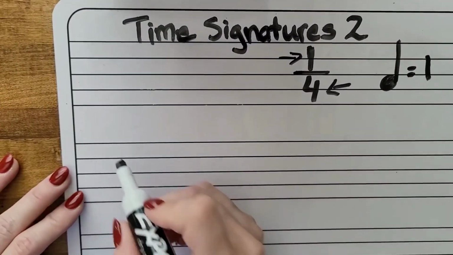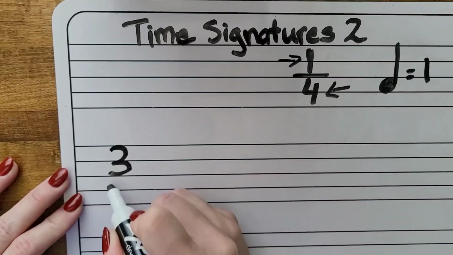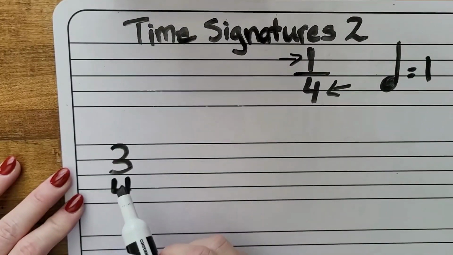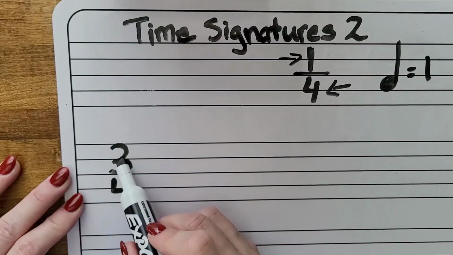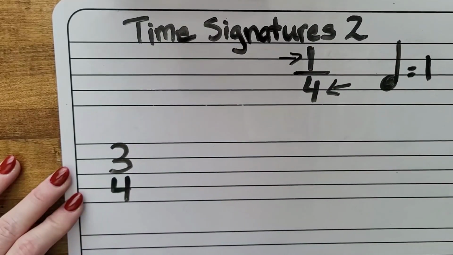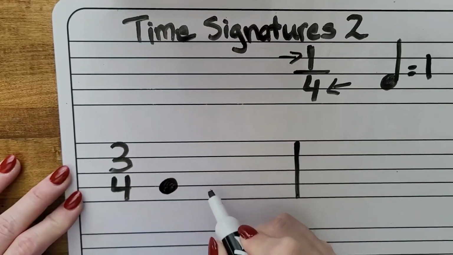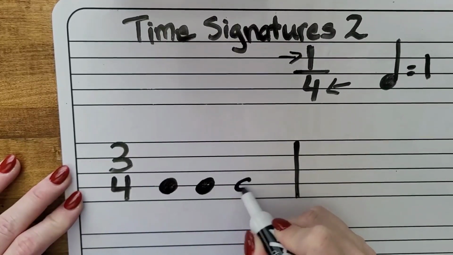So if we have a 3/4 time signature, then we are going to have the equivalent of 3 quarter notes in each measure. We could write them as 3 quarter notes.